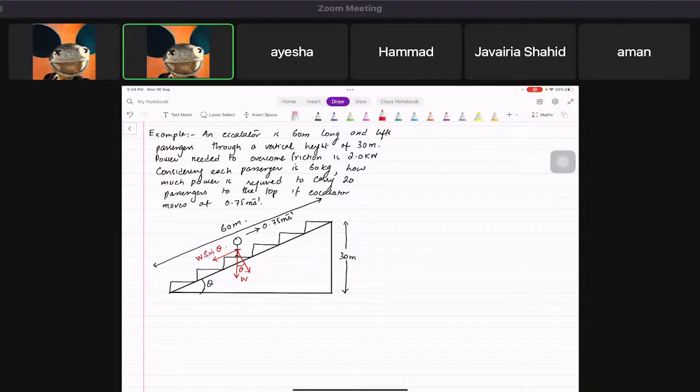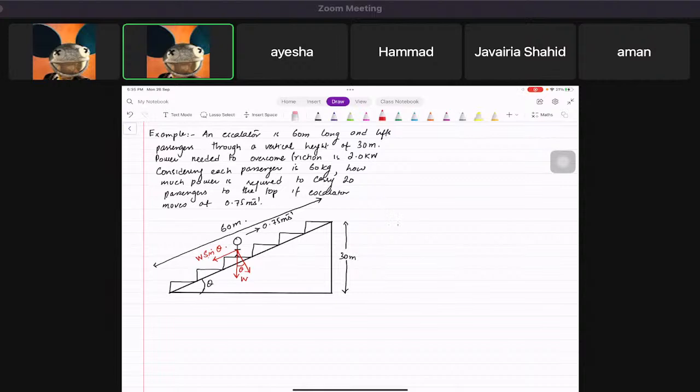Is it clear, everybody? So the escalator needs to overcome this force W sine theta. Also, it needs to overcome the force of the friction. So what we need to do is first find the force.